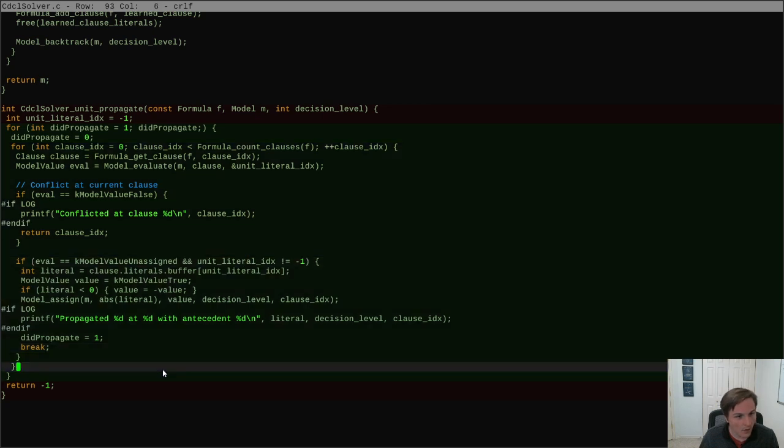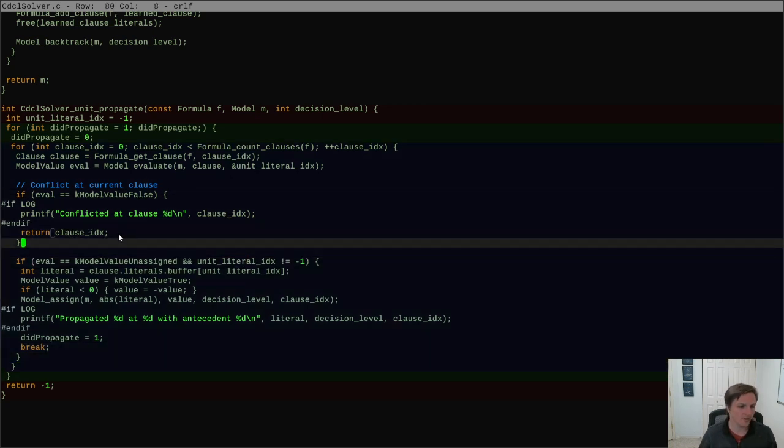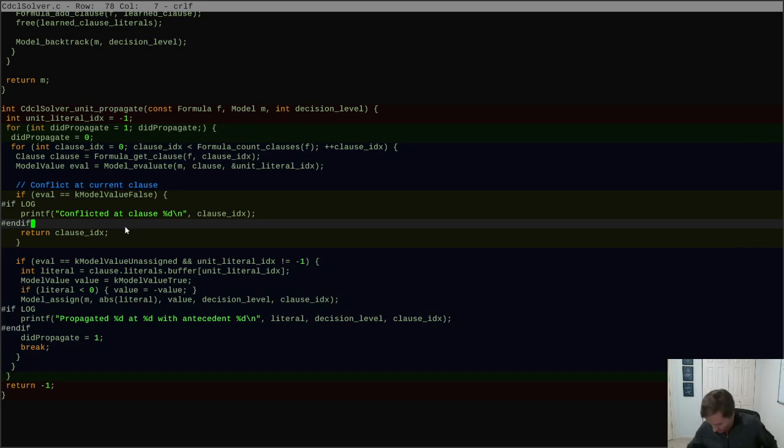Okay, here are the returns. I know that I'm fighting an uphill battle, but returning in the middle of a function is just so confusing. I don't know how people think that makes code more readable. It's so confusing to me.